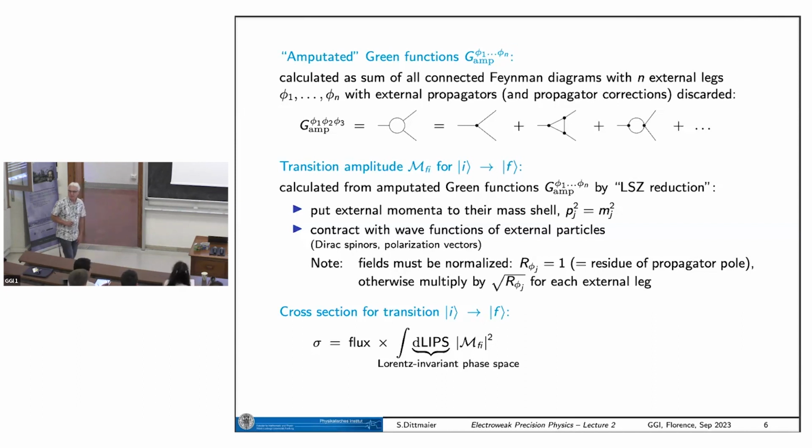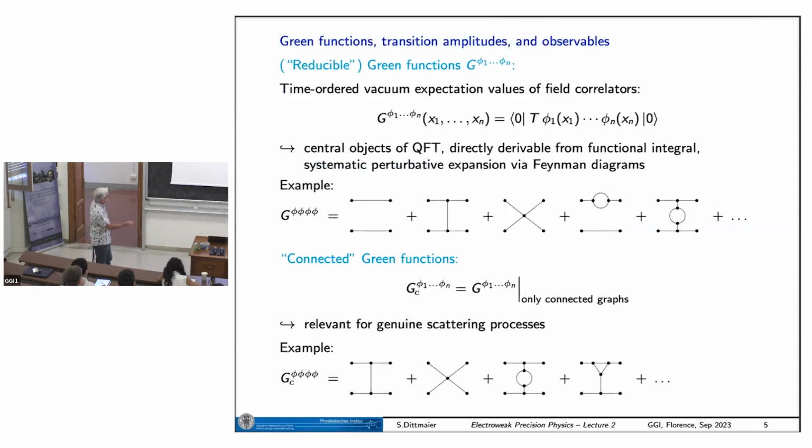Lehmann, Symanzik, Zimmermann were the big guys there. And what they worked out is that if you take these connected graphs and you just strip away the external propagators, these are the ones that go to the external field points, then you're almost there. You just have to associate the lines which have no propagator anymore with external states.